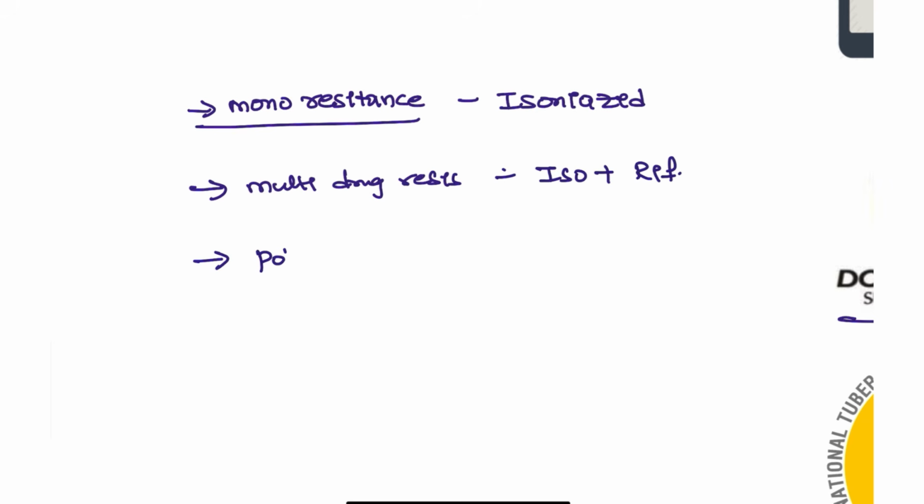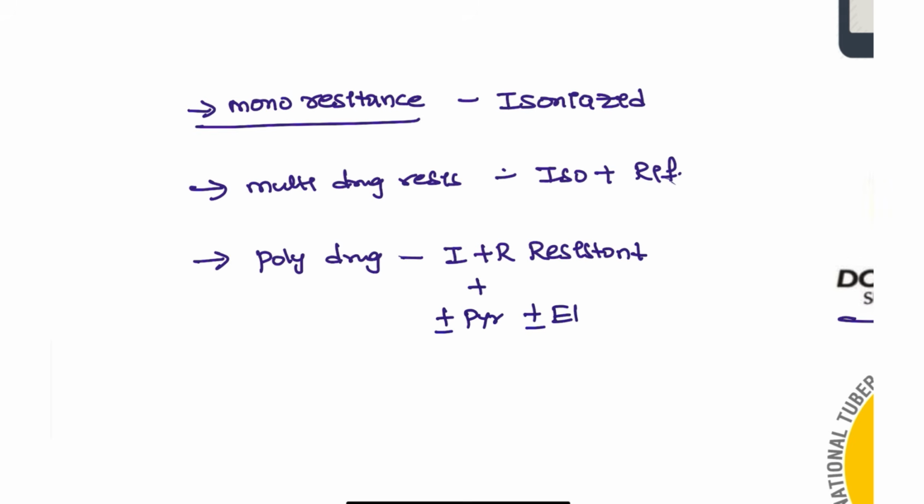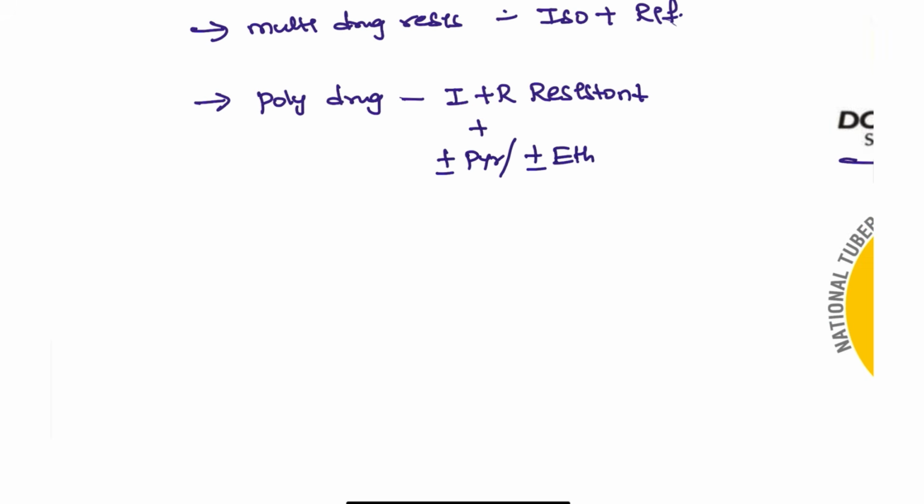Polydrug resistance: isoniazid and rifampicin are already resistant, plus they will be having pyrazinamide plus or minus ethambutol. That is the polydrug resistance. Next, pre-XDR resistance.